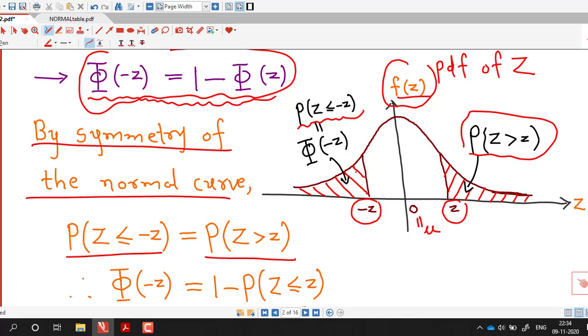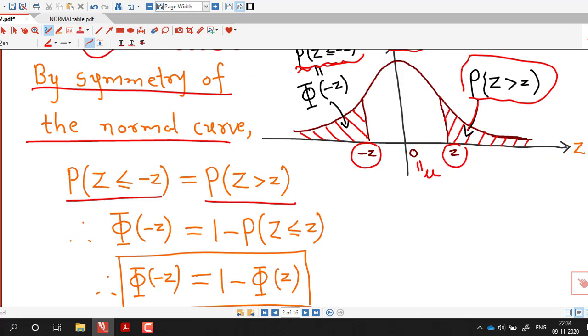So we observe that these two areas shaded by red lines are equal. This area is nothing but probability that capital Z is less than or equal to minus z, and this area is nothing but probability that capital Z is greater than z.